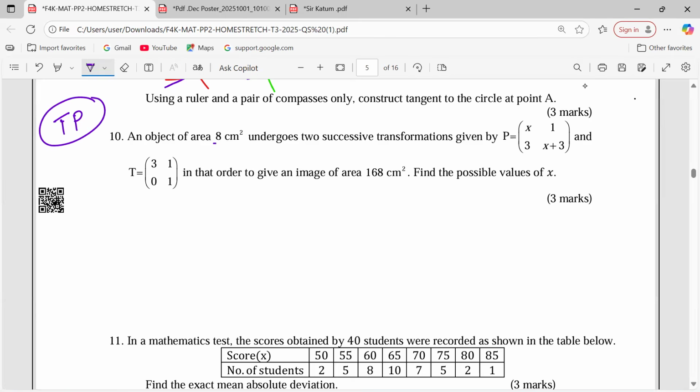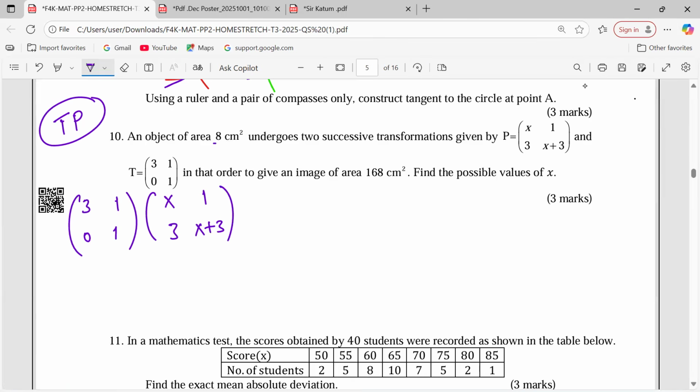Written in that order, it means P is the one performed first, followed by T. So we can write them as 3, 1, 0, 1, then the other one is x, 1, 3, x plus 3.